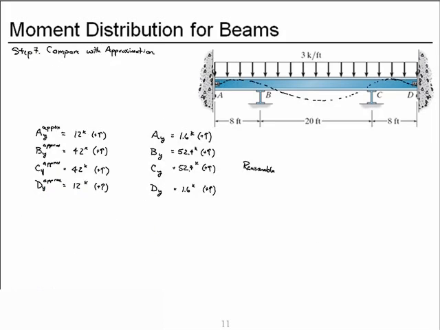We then evaluated the reasonableness of our results by comparing the moment distribution results with our approximation. We then looked at the elastic curve to get some clues as to why the differences between the two, and concluded that we have a reasonable prediction from the moment distribution method. Well done.